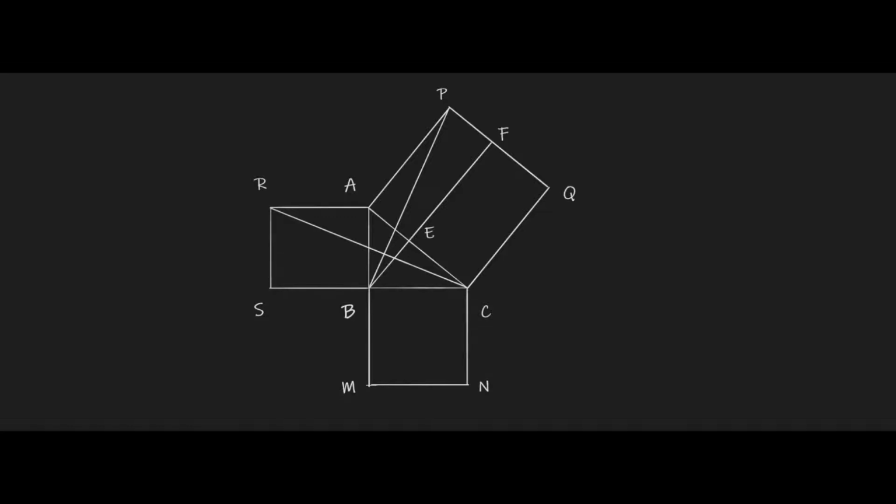In the next diagram, we have drawn three lines. So we have connected R with C, we have connected B with P, and we have drawn a perpendicular from B onto AC and PQ.